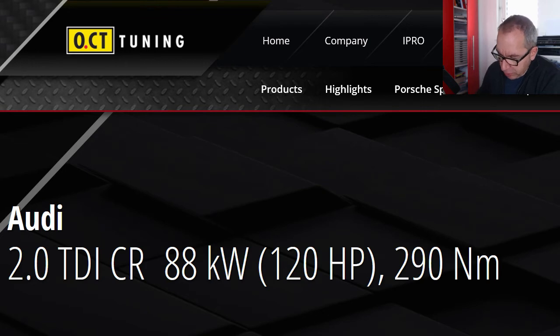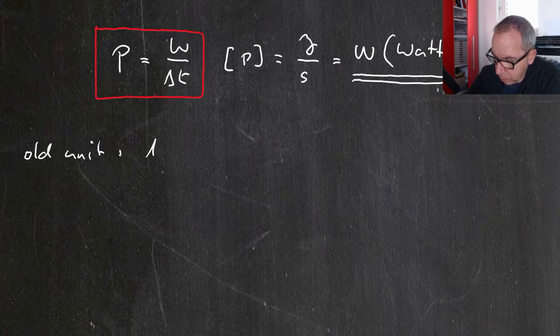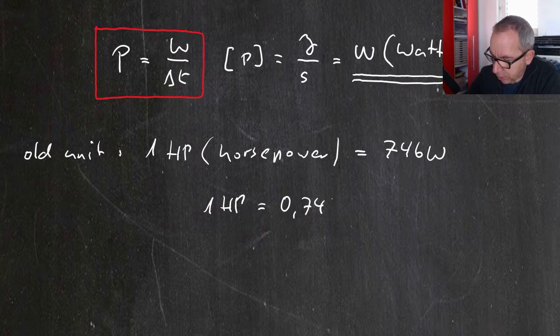So what is 1 horsepower? One horsepower corresponds to 746 watts, or rather, usually we write 1 horsepower equals 0.746 kilowatts.